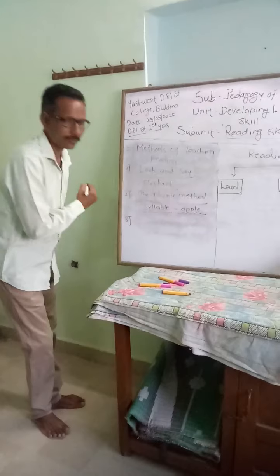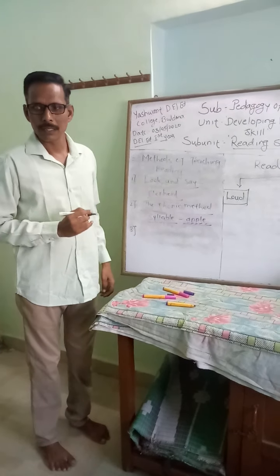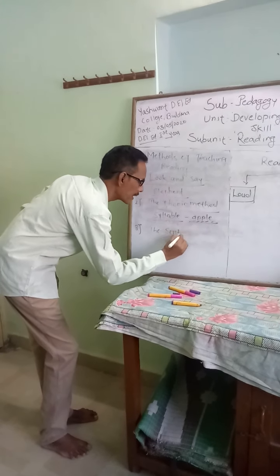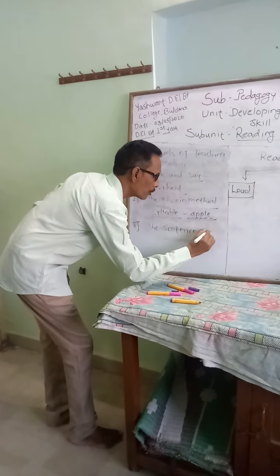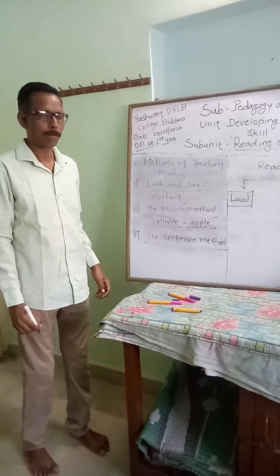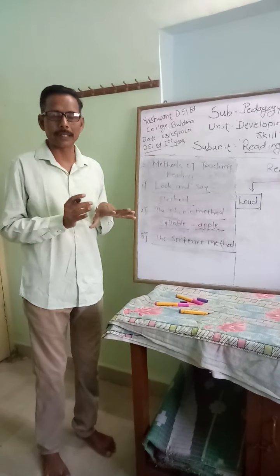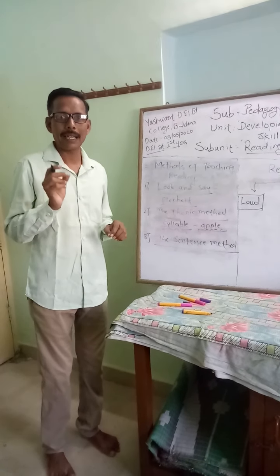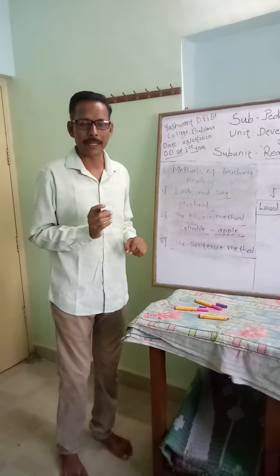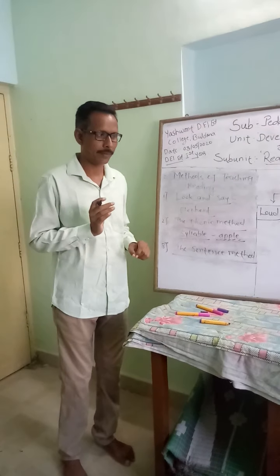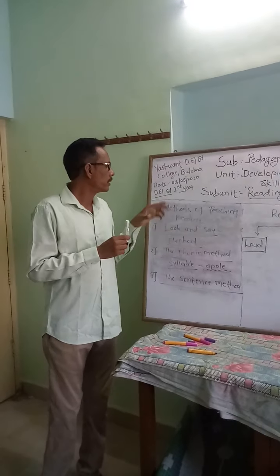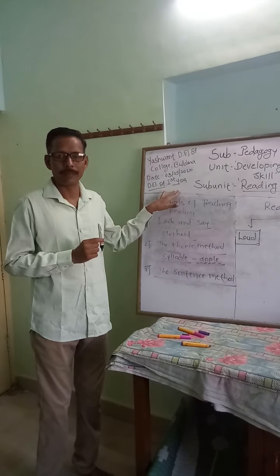Now the third one is the sentence method. In this sentence method, you have to give the stress on the sentence. For example: I am a man, you are a boy, she is a girl, that is a rabbit, this is a pen, this is a board.